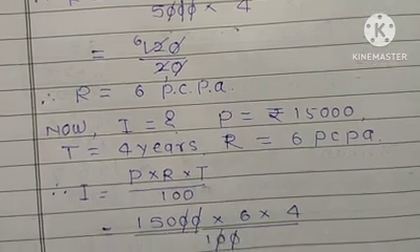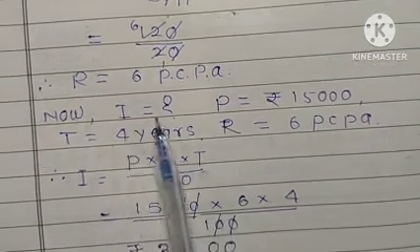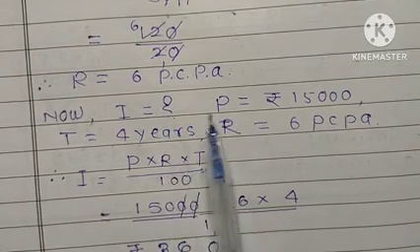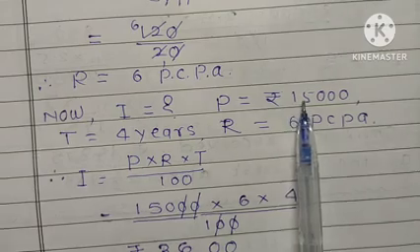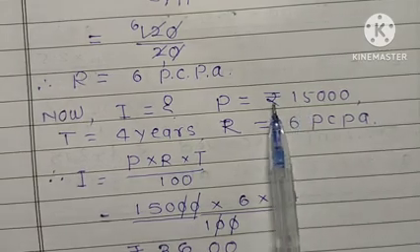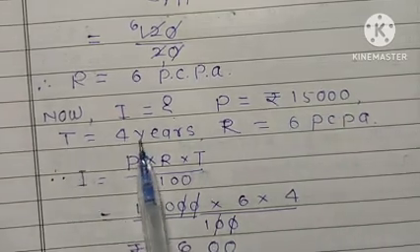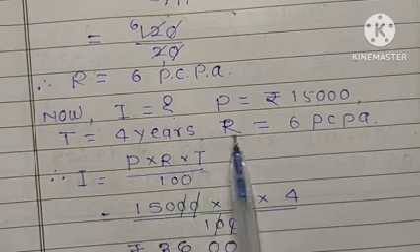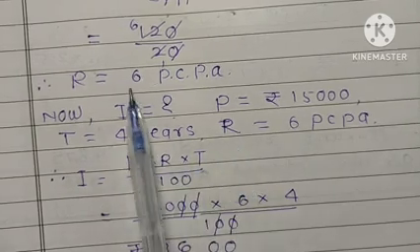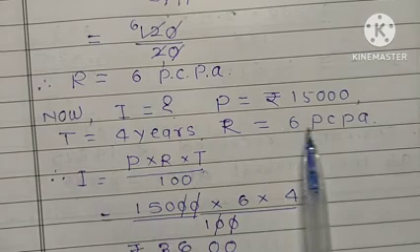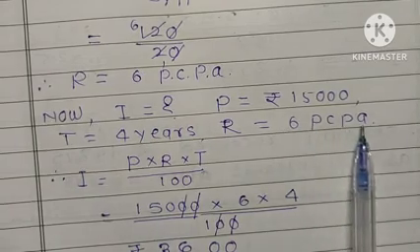Now interest is to be calculated when the principal amount has changed. It is rupees 15,000. Time period is the same, 4 years. And rate you have just now calculated, 6 percent per annum.